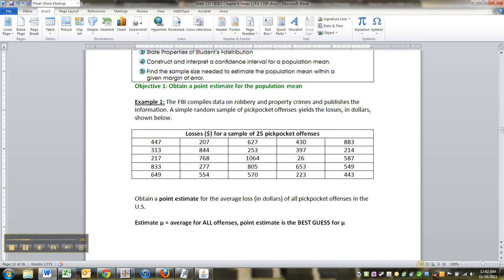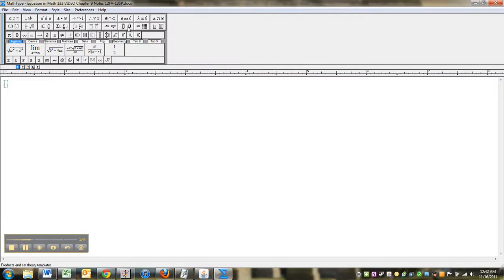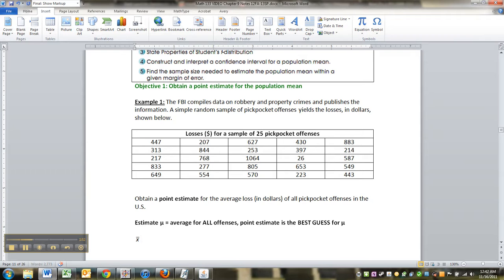Well, what would that be? That would be X bar, right? Haven't we learned from chapter 3 onward that the sample mean would be the best guess for the population mean?